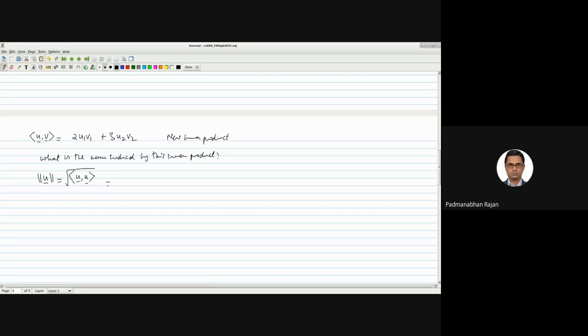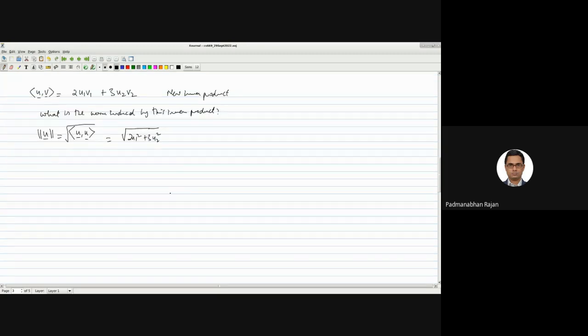So this will be nothing but the square root of 2 u1 square plus 3 u2 square. Do you agree with me or not?